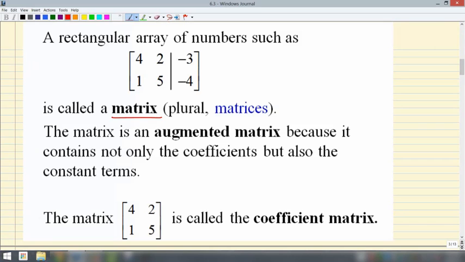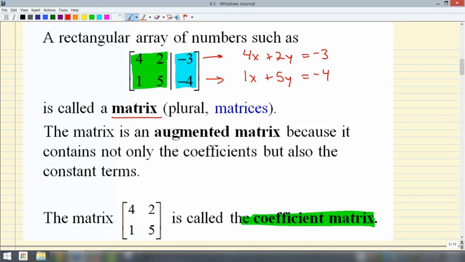This matrix is called an augmented matrix because it contains two things: a coefficient matrix, and a second half, which is what the coefficient matrix is equal to. That's the constant terms. So be able to go back from matrix notation to equation notation, and equation notation back into matrix notation.